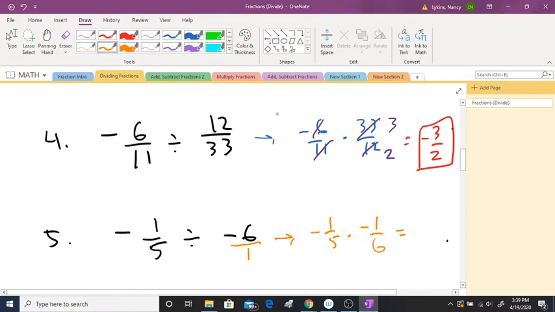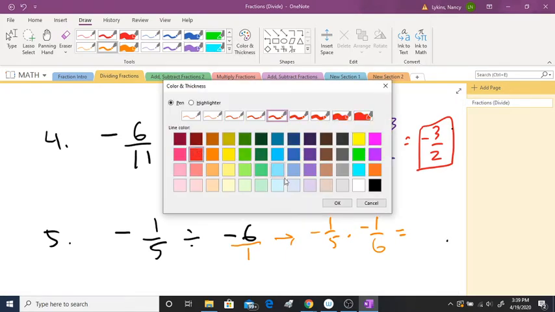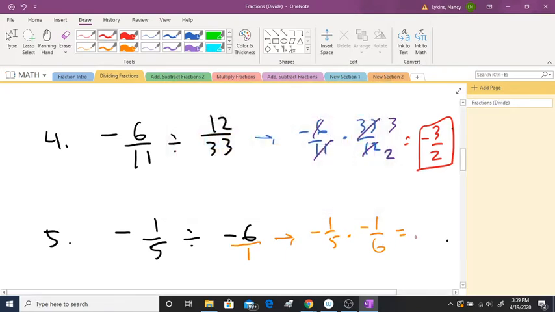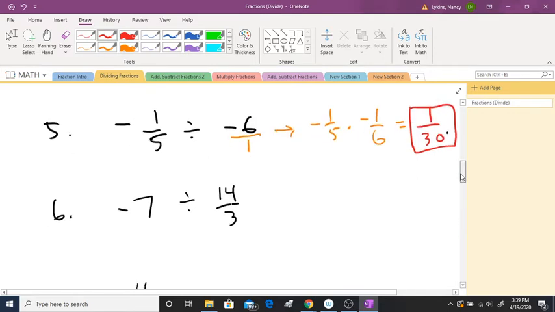Like I said, 2 negatives make a positive. So 1 times 1 is 1, over 30. A typical mistake would be to have the answer just be 30. But remember, it's 1/5 times 1/6. It's going to be a small number.